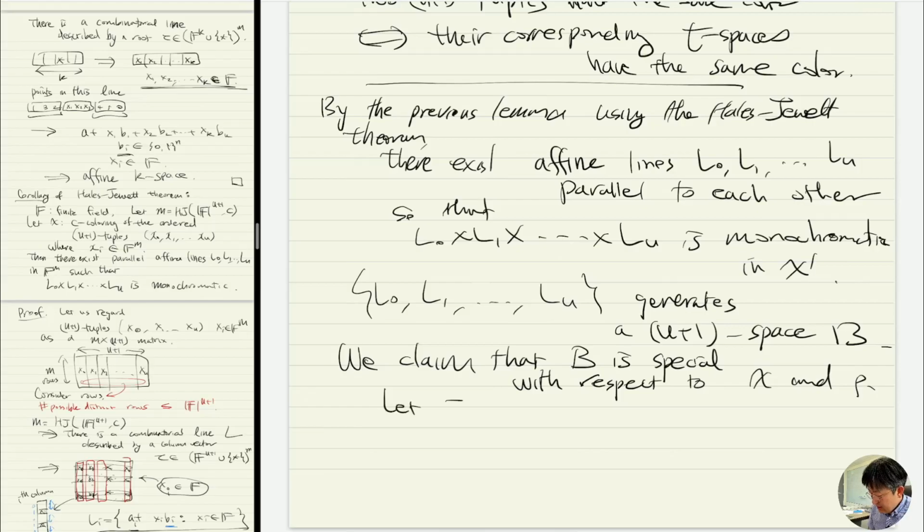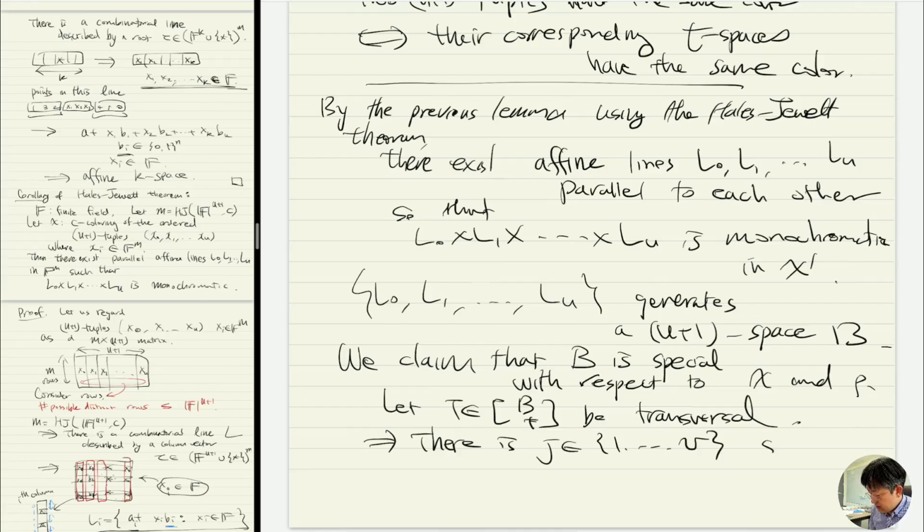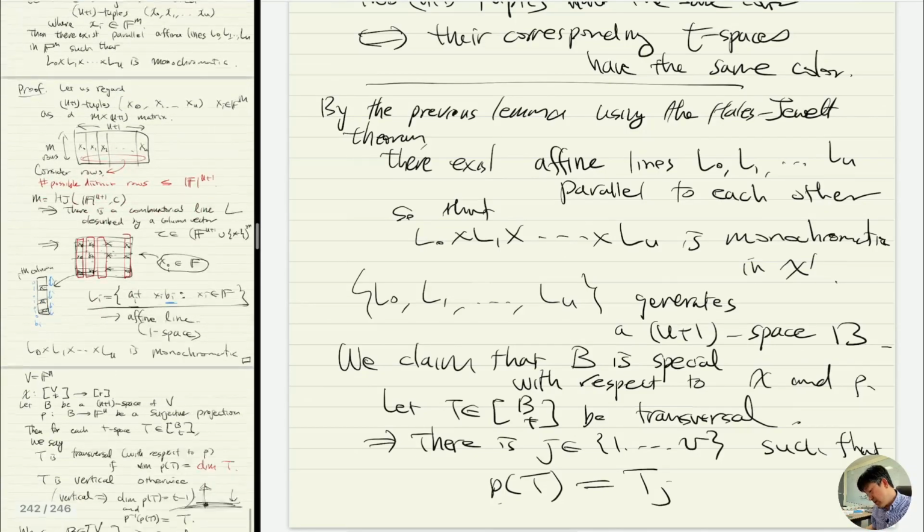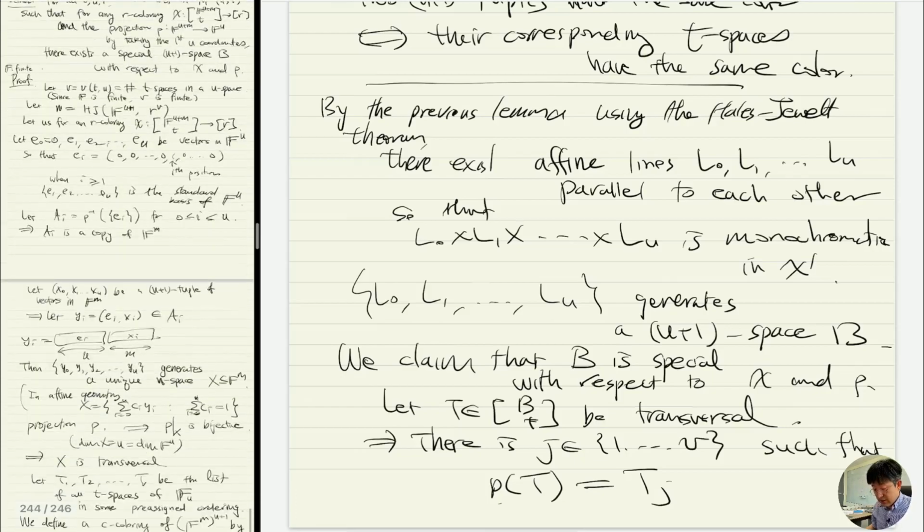So let T be a P-transversal. Then there is J in one of these V such that when I take the projection, it becomes Tj, because I had a list of all T subspaces, so one of them must be equal to this.